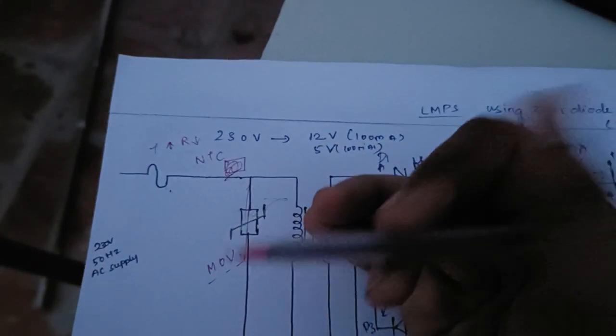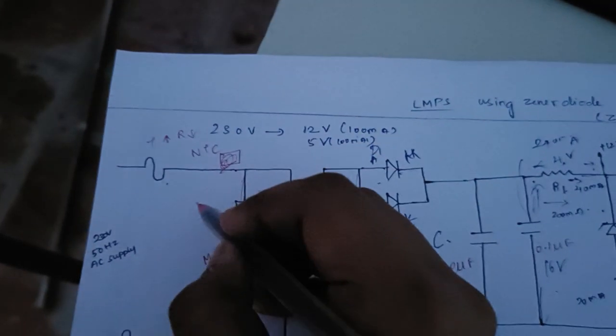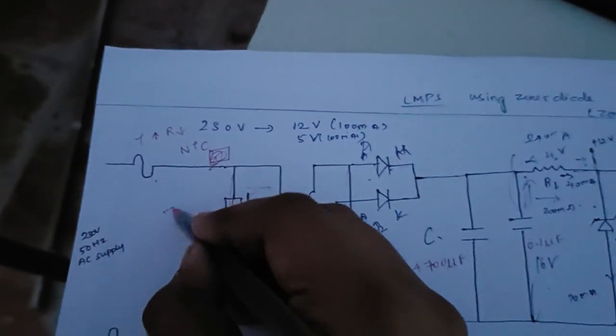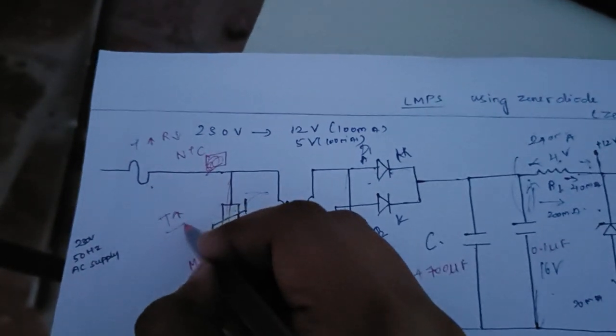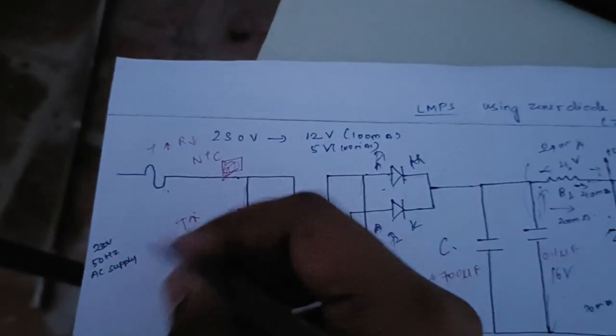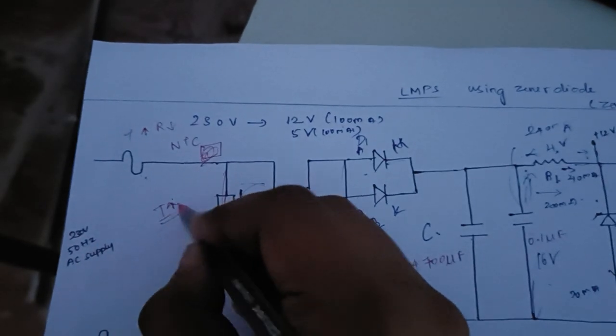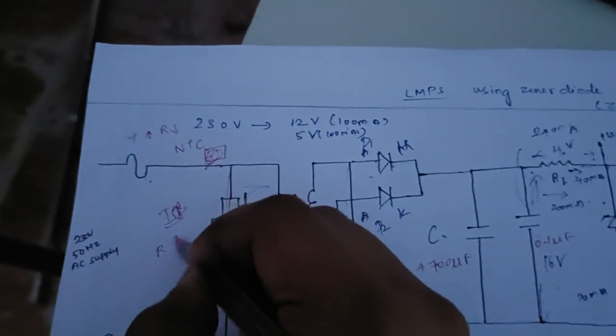If resistance decreases, the current will be high. Suppose a lightning surge or current surge occurs at a high temperature, then the resistance value will go down and the current value will increase.